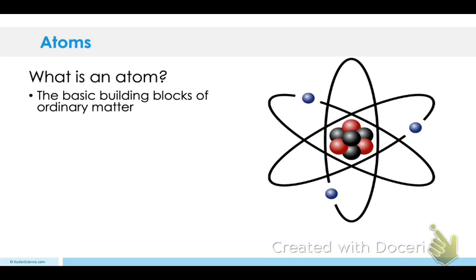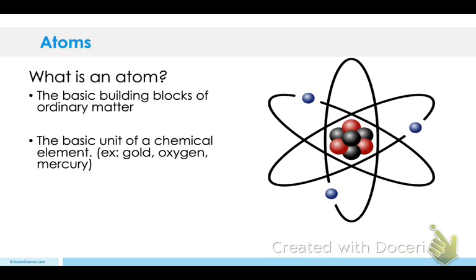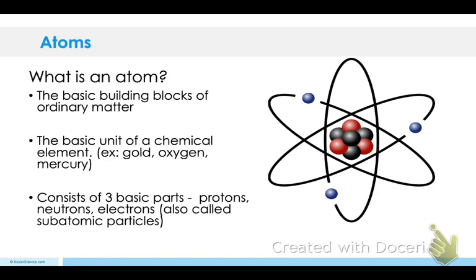All right, what is an atom? The basic building blocks of ordinary matter, the basic unit of a chemical element, and consists of 3 basic parts: protons, neutrons, and electrons. Everything that I'm highlighting, I would suggest you highlight.